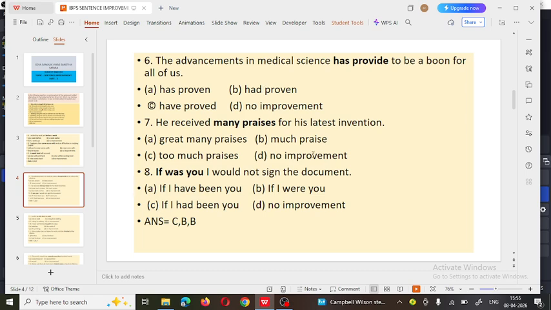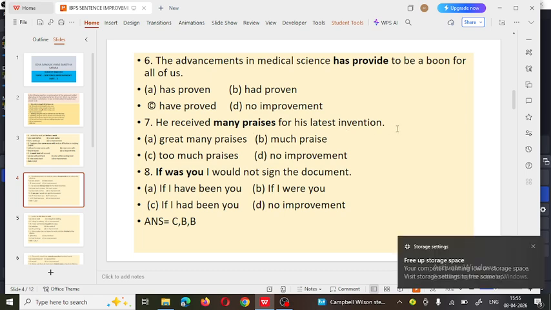So here, praise, praises won't be there. He received much praise for his latest invention, and that will be the correct sentence. Option B is correct here.